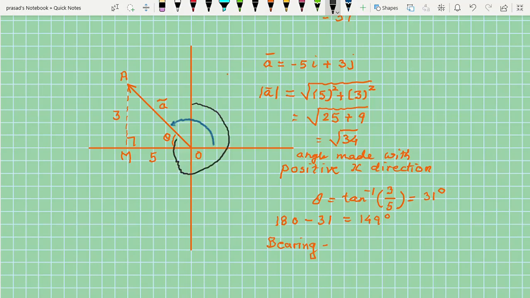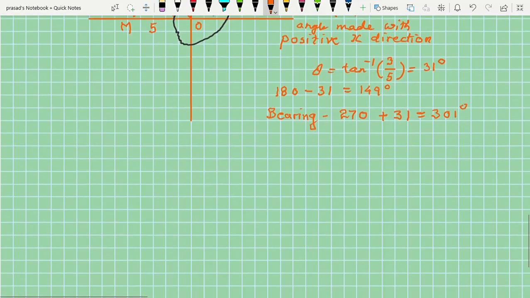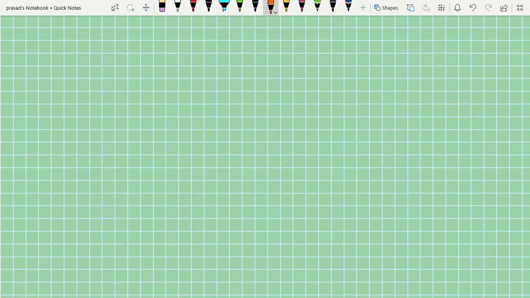So that will be this full angle, which will be 270 plus your angle theta here, which is 31. So 270 plus 31, which is 301 degrees. So the bearing of this vector will be 301 degrees. This is how you can express the direction of a vector in different ways.